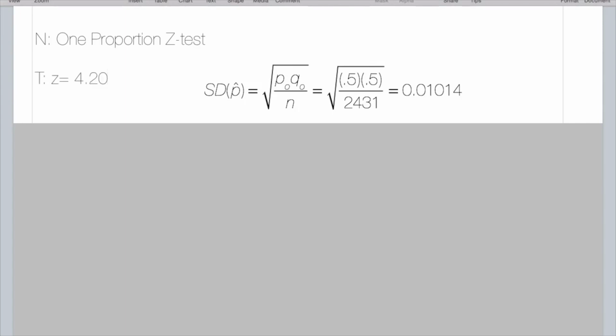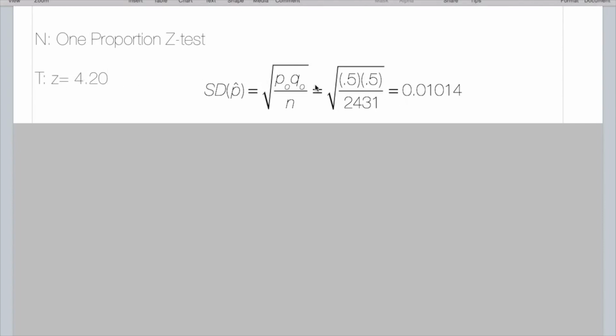And immediately, if you remember what you know about z-scores, that z-score is very large. Any z-score over 3.5, you would consider really, really big, or really, really small if it's on the negative side. So in this case, we have a standard deviation, which is here. That standard deviation is used in calculating my z-score.